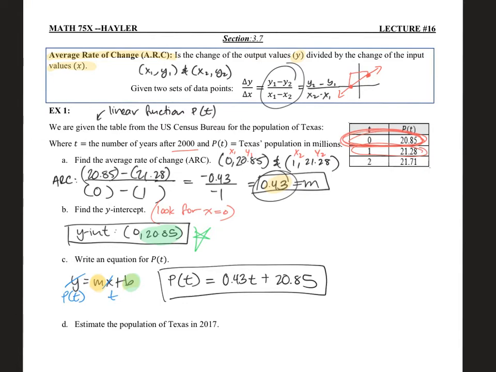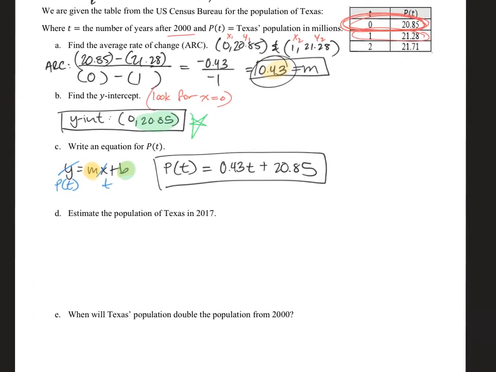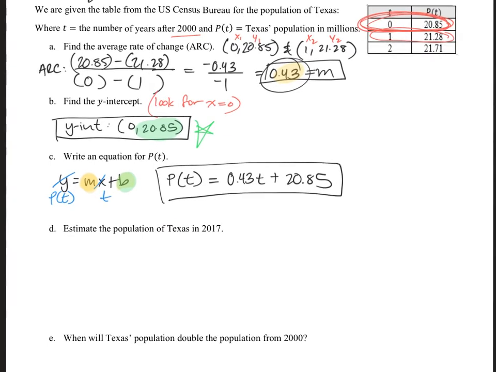So now let's go ahead and estimate the population of Texas in 2017. Well, it wants to know the population in the year 2017, which means we want P of t when, well, 2017. And remember, t is the number of years after 2000.